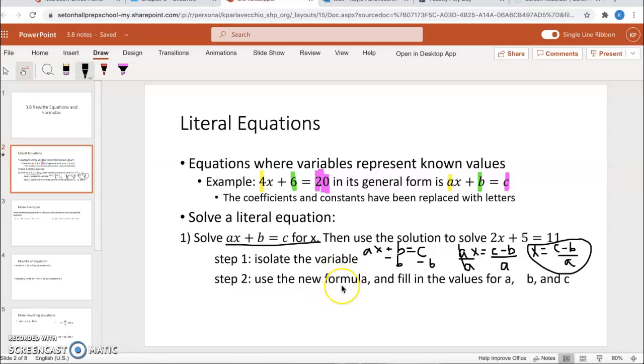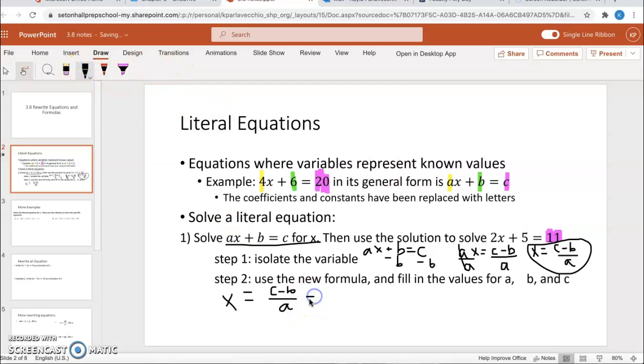Now in step 2, I want to use this formula that I have created to fill in the different values of a, b, and c from the second part of my sentence to solve for x that way. I know that from this given equation, c, which is what I've been highlighting in pink, is equal to 11.